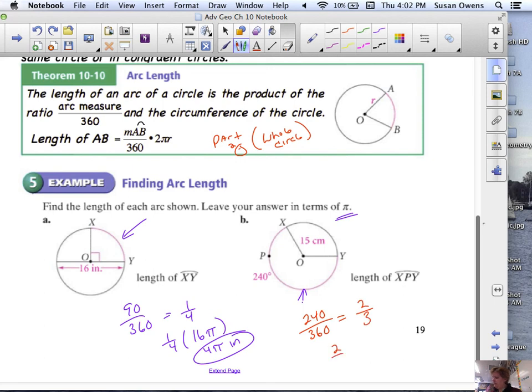And so I'm going to take 2/3 of the circle, and the radius is 15, so 30 pi. And if I divide that, I end up getting 2 times 10, which is 20 pi, and it's centimeters. So 20 pi centimeters. You could also, if you wanted to get crazy and you'd rather do the smaller, say, oh, the smaller one's 1/3 of the circle, and you can figure that out and then subtract it from the total. Okay? And that is it for today's notes.